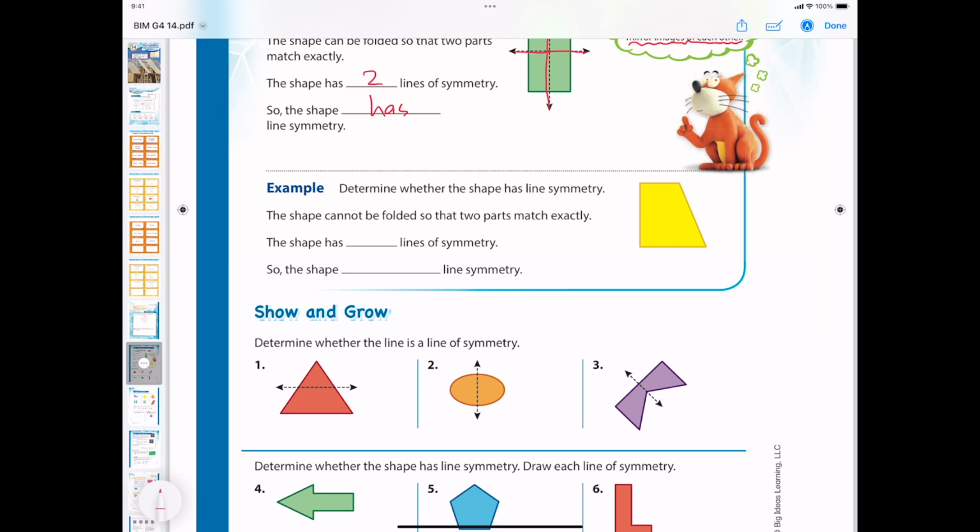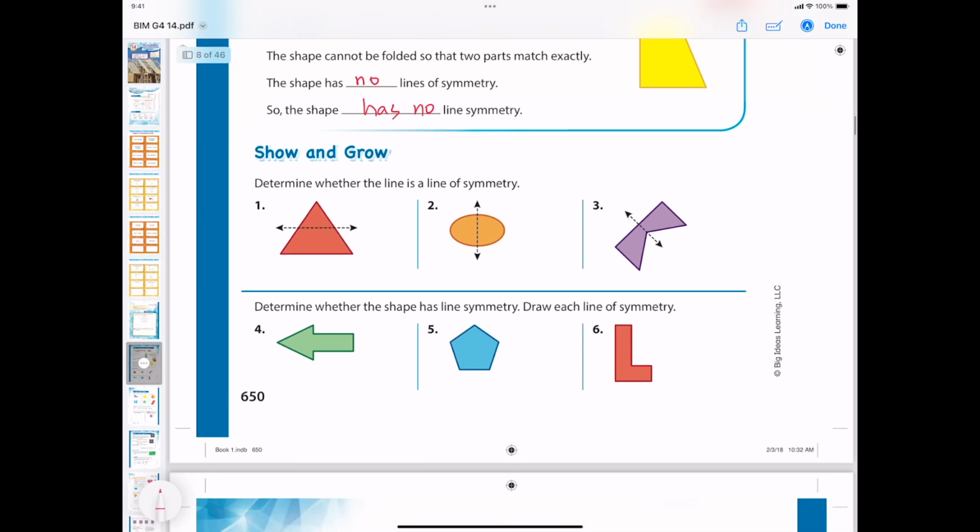That means the shape has no lines of symmetry. So the shape has no line symmetry. Now number 1, 2, 3, 4, 5, 6. Let's try to find out. Determine whether the line is a line of symmetry.